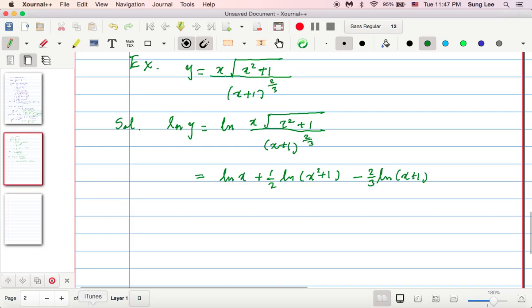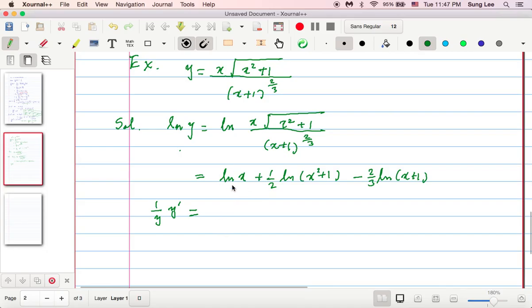So we get that. Okay, now we are going to take the derivative. Differentiating the left-hand side using implicit differentiation, we have 1 over y times y prime.